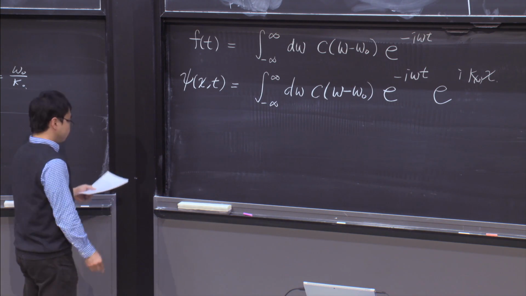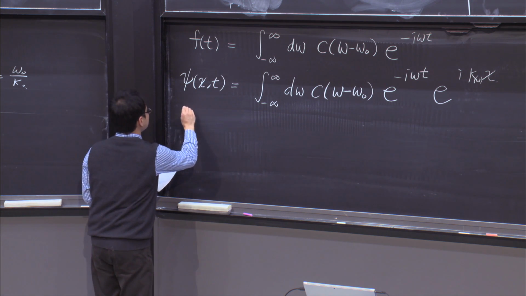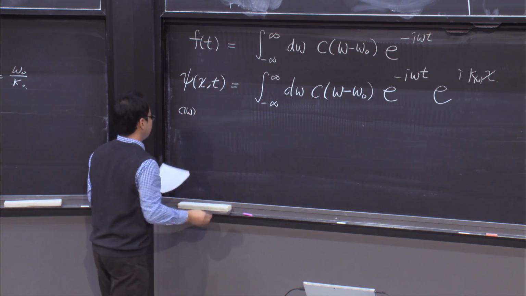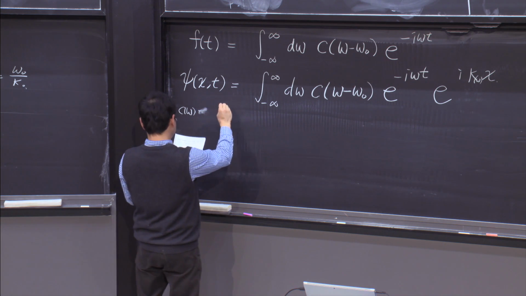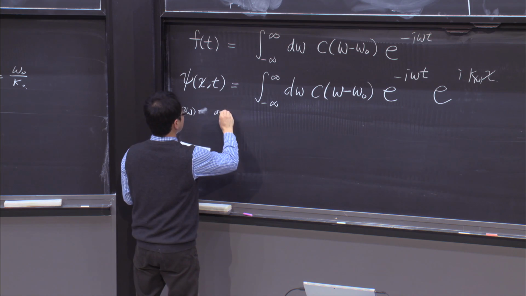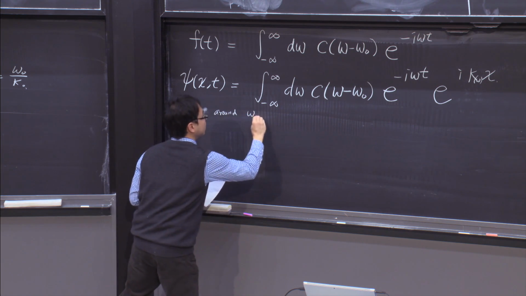Now what I could do is assume that c(omega) is only sizable in a small range around omega 0.